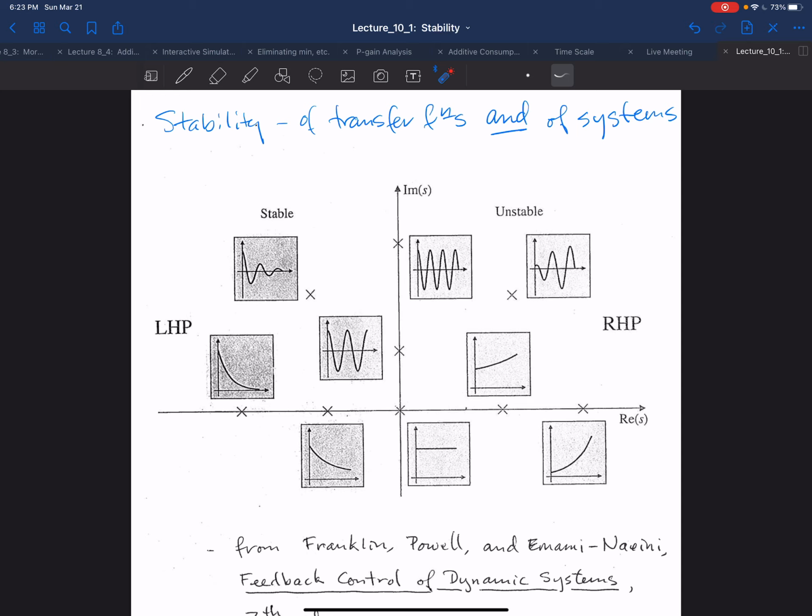So we looked, for instance, first of all, at the example of a standard first-order system, which showed us the effect of real poles on the time domain response. We saw that if we have a single real pole, then the impulse response is going to have the form of a decaying exponential, which is what this plot is meant to represent.